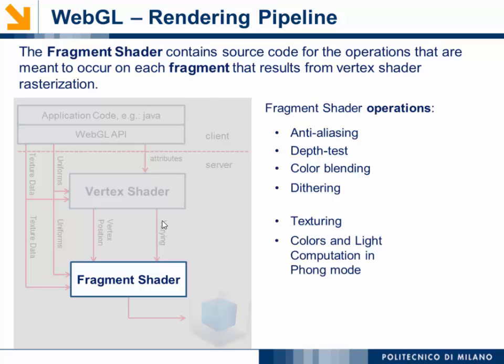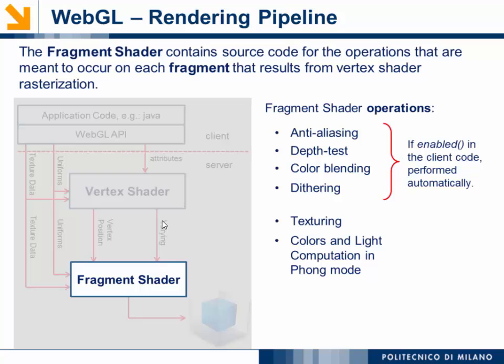Also, the color and the light computation, so the color of a surface struck by a light ray. If we compute lighting using the Phong method, the Phong algorithm, it is a pixel by pixel computation. While with Gouraud, I compute the color of a pixel struck at the vertex and I interpolate the results along the edges. In this case, instead, I decide to fully control how the surface behaves under the light.